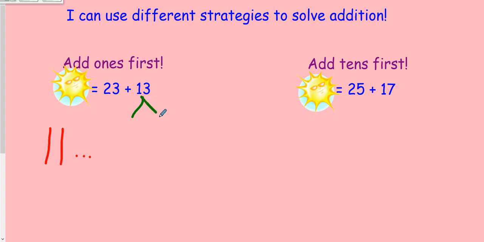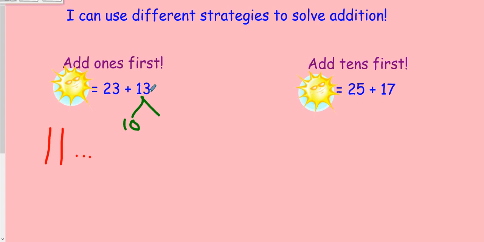A number bond is one way to show our thinking about the tens and ones. There's a 1 in the tens place. That tells us that 13 has 1 ten. 1 ten is worth 10, so I write that in my number bond.